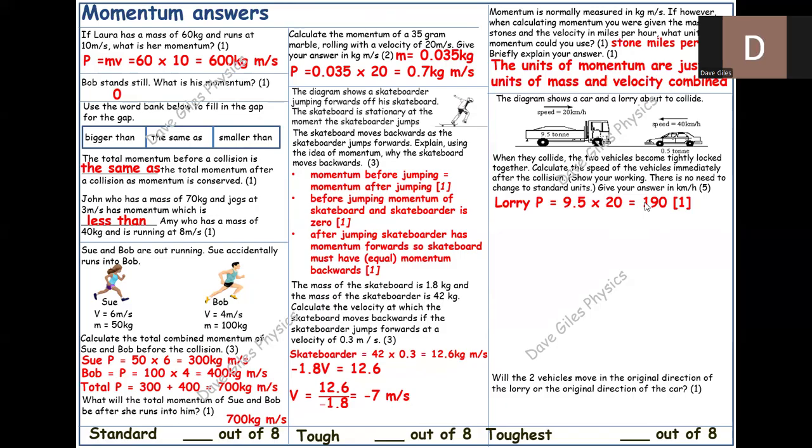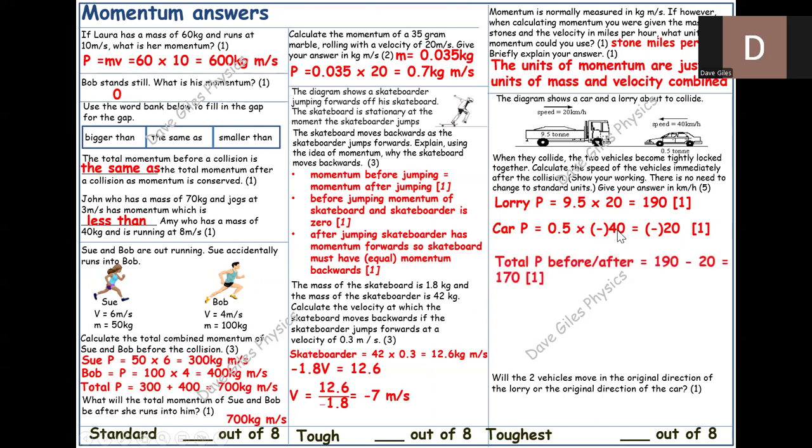And then we'll do the momentum of the car. So 0.5 times negative 40, because it's going in the opposite direction, which gives you minus 20.